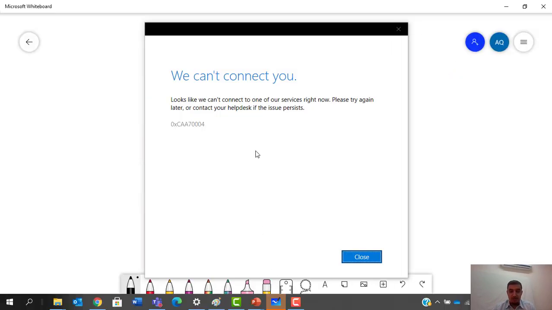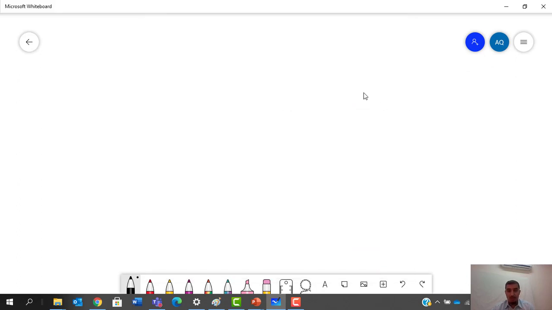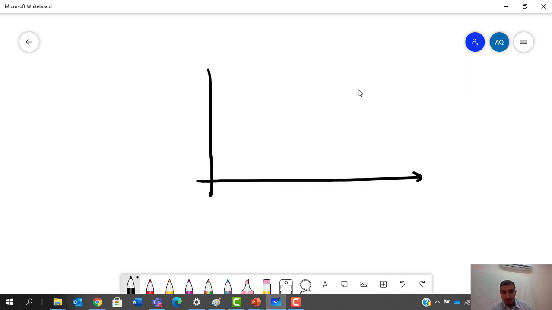So to understand this, assume that we have an analog signal. Hope my drawing will be clear. We have an analog signal, and it is something like this. On the x-axis once more it will be the time, and on the y-axis we are going to have our voltage.